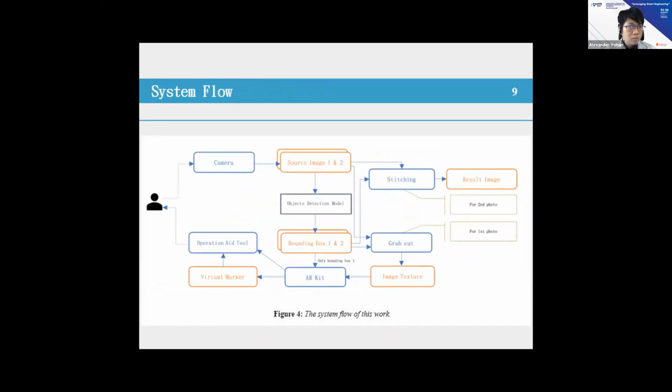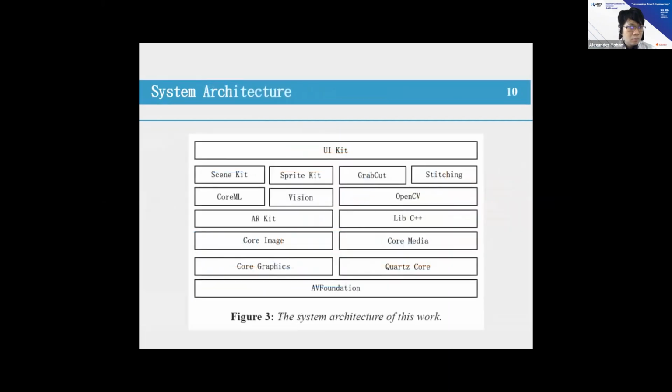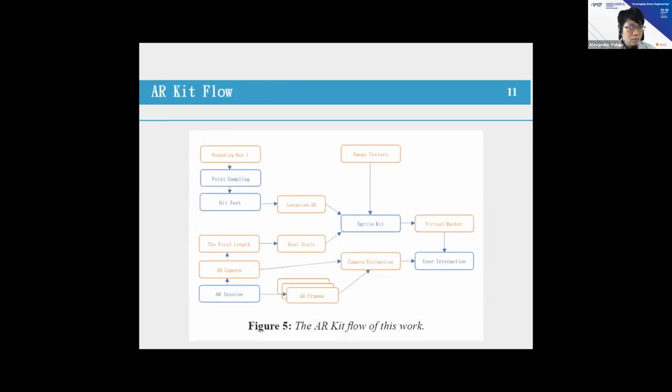Okay, so there is a more detailed process, like the system flow. Later I will show you a video to give a better illustration about how the system works. And this is the architecture involved. So we are using an iPhone, with iOS, and then we have various libraries that we make use of to make this work possible.